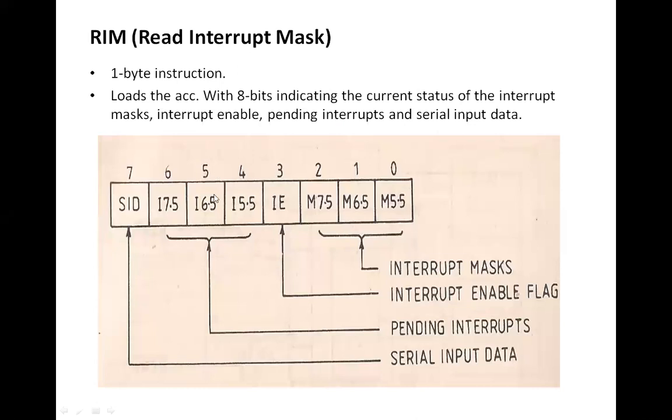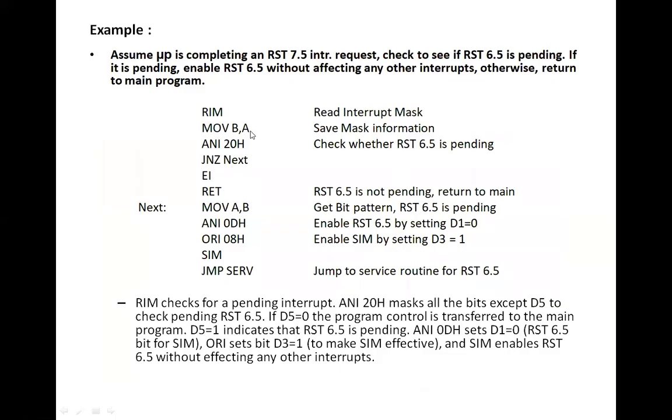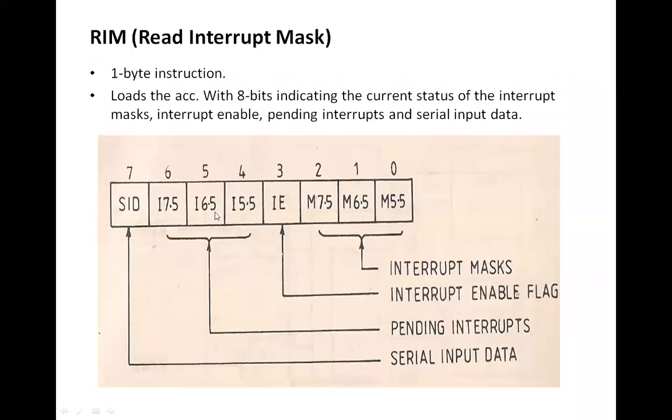Because we want to check this one bit only: 0, 0, 1, 0, 0, 0, 0, 0. So it means 20. Whatever is the content of the accumulator will be ANDed with 20. If this bit is 1 in the accumulator, it shows that 6.5 is pending. If this bit is not 1, it means it is not pending.